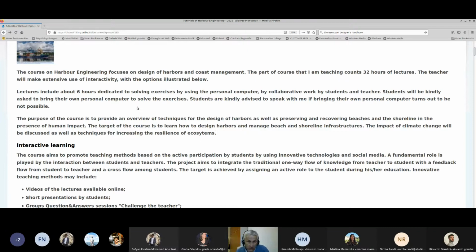Of course, it's relatively easy because we are in streaming, so you have a PC in front of you. It's not like when you attend in physical presence, where you may decide to attend without the PC. My suggestion is, even if we end up attending in physical presence, to always have your PC in front of you so that we can develop these exercises together.